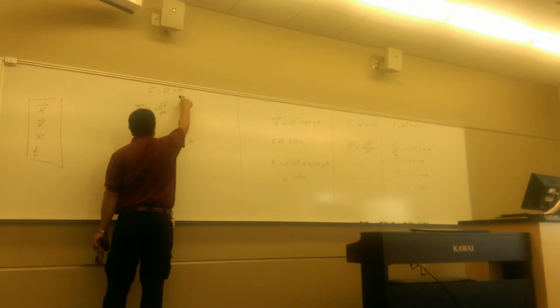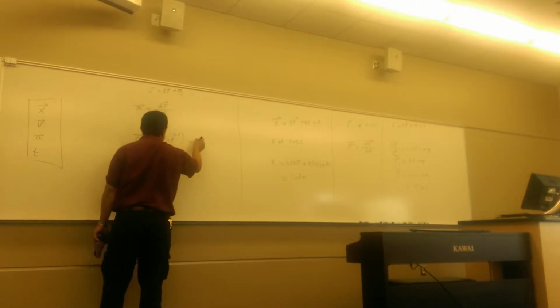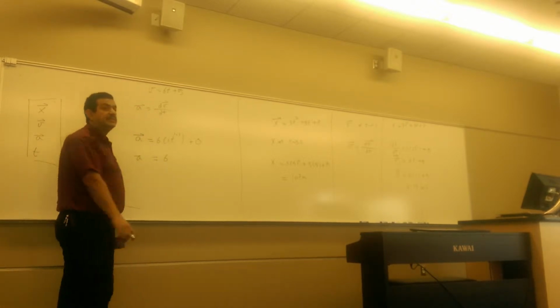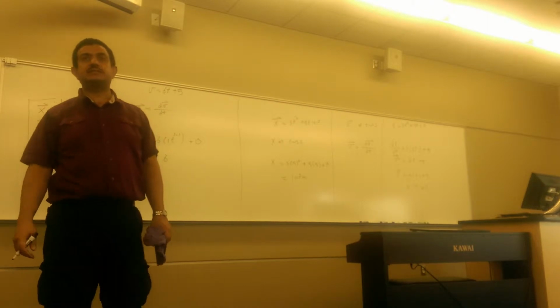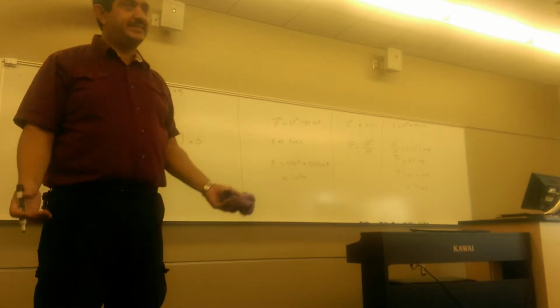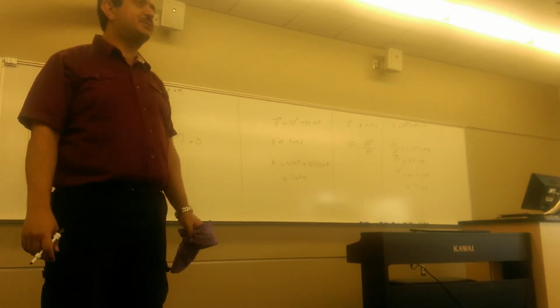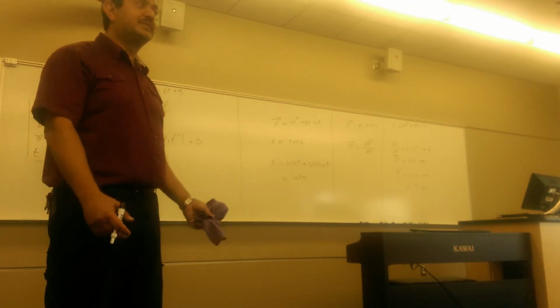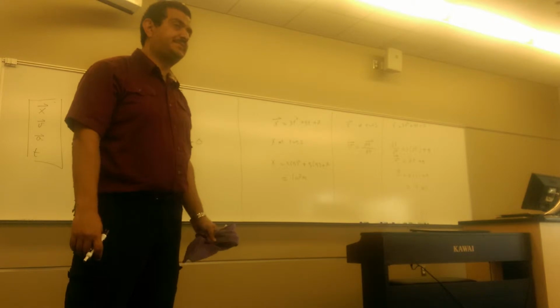And does this have any t in it? No. So that's 0, and that would give me what? 6. And at t equals 5 seconds, what's the acceleration? 6. Acceleration is always going to be the same, 6. Just in this example. Not always, just in that example.